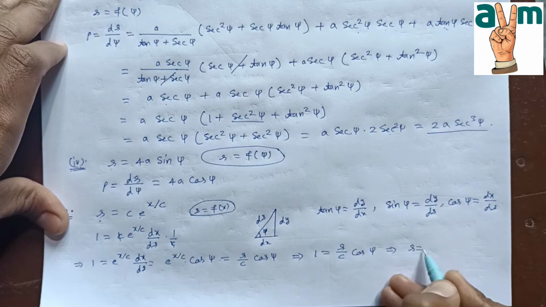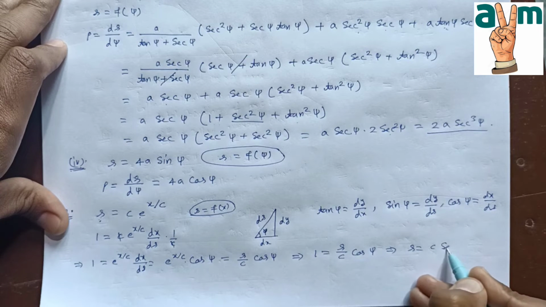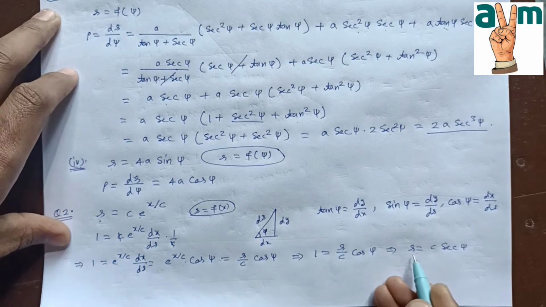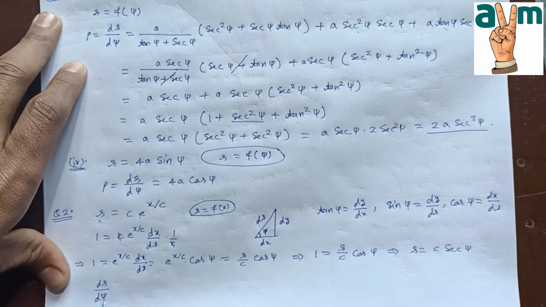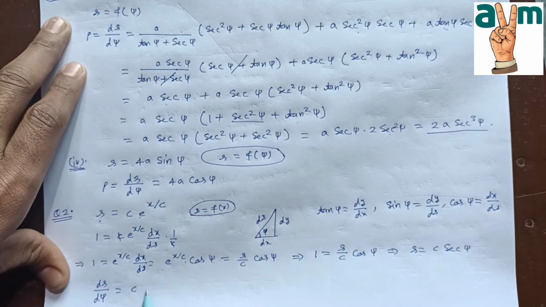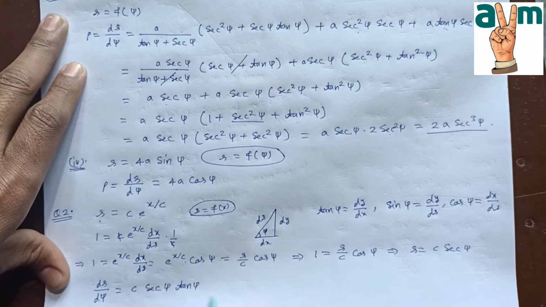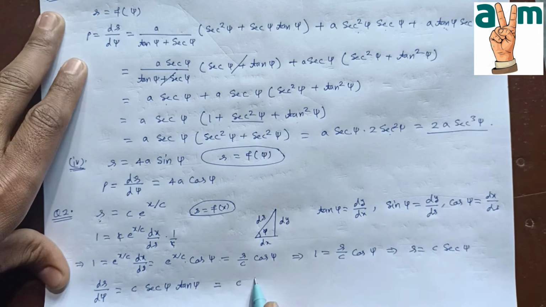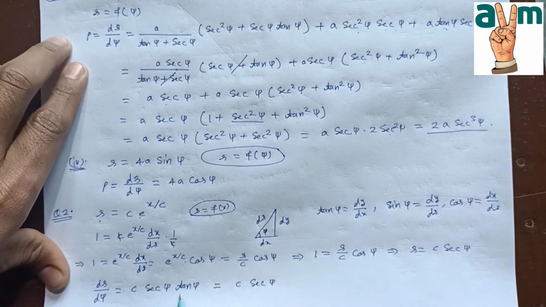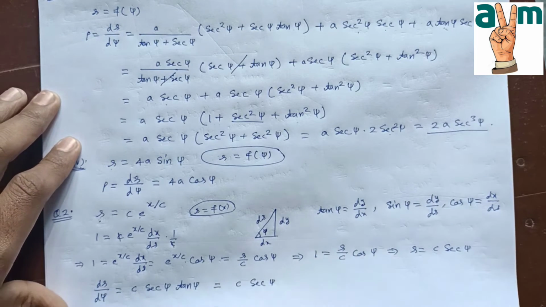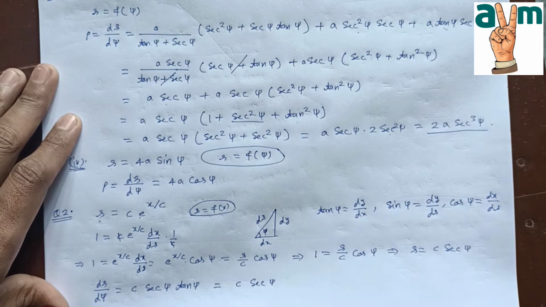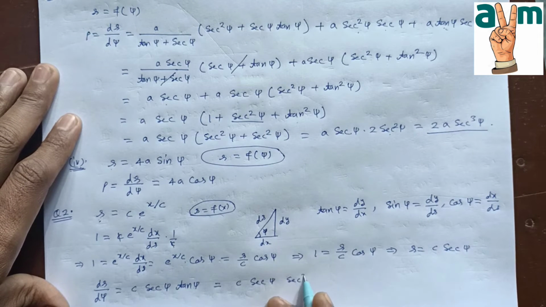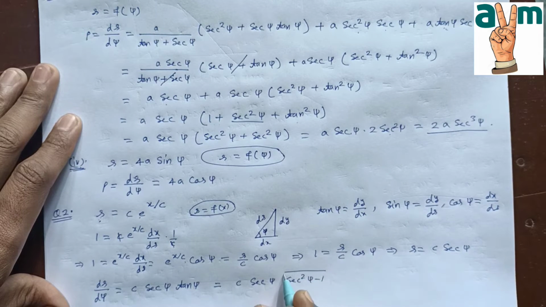So s is equal to c secant psi. Now the derivative of s with respect to psi is equal to c secant psi tan psi, and we can write tan psi as the square root of secant square psi minus 1.